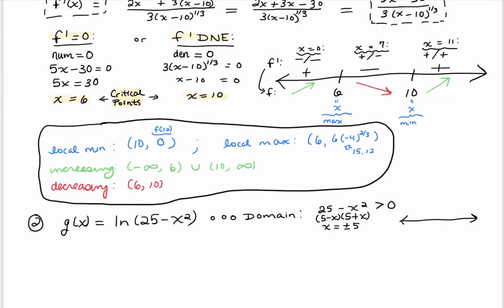So what we want to think about is putting these on our number line here and then just subbing some numbers in. If I sub in -6, I would have 25 minus 36, and that's going to be negative. If I sub in 0, 25 minus 0 would be positive. If I sub in 6, again, 25 minus 36 is going to be negative.